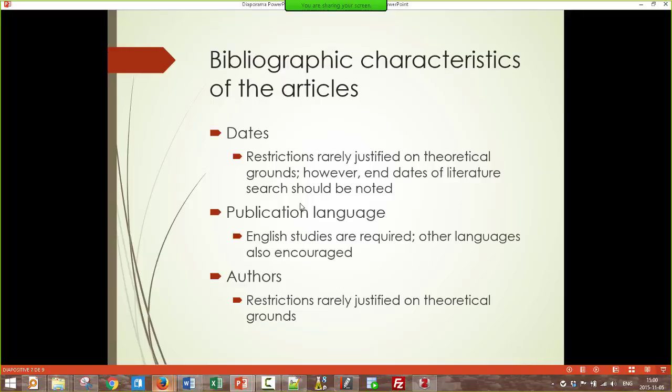The next item is publication language. The reality today, whether we like it or not, is that English is the number one scholarly language in the world today. Maybe in 20 years later, it'll be a different language. But for now and for the last 50 years, it's been English.